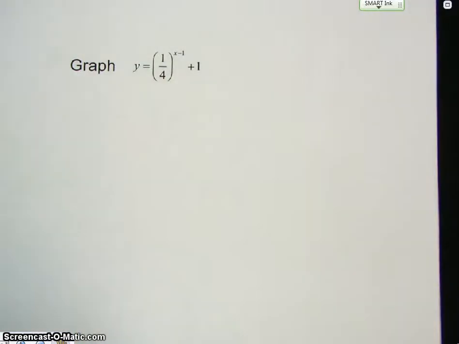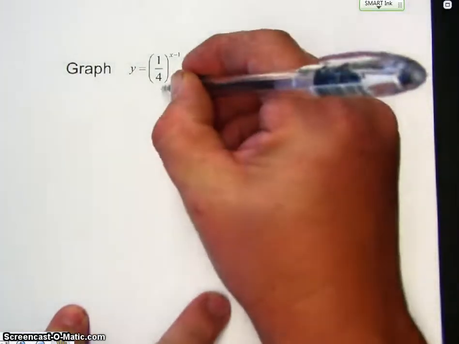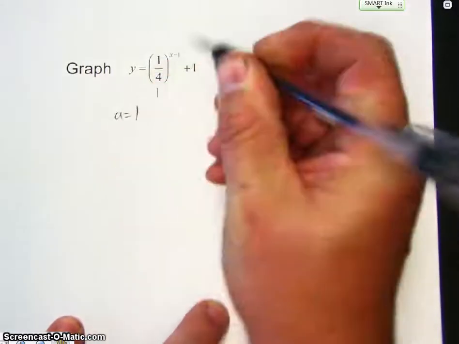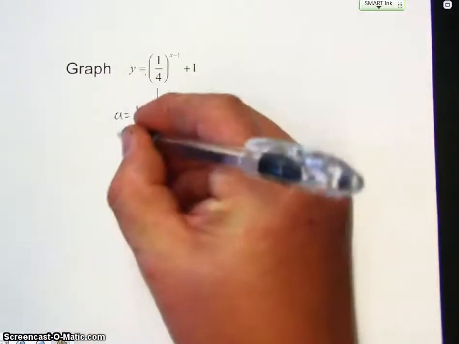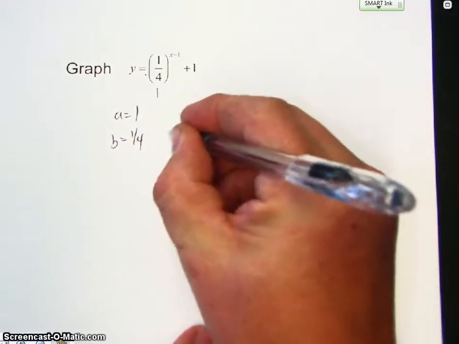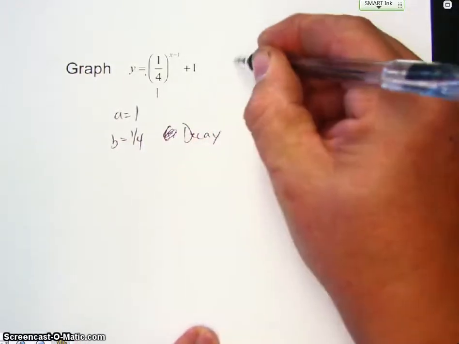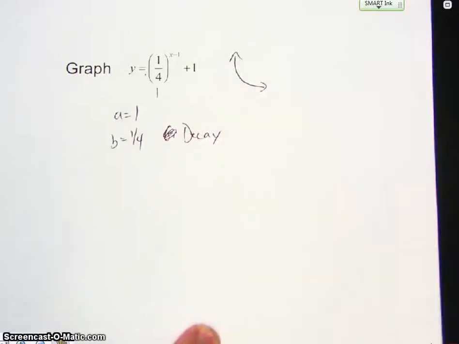Alright, so first thing, is this growth or decay? Well, you look at B. First of all, A is 1, because there's nothing in front. B is 1/4, that's less than 1, so that means I have decay. In other words, my graph is going to look something like this.